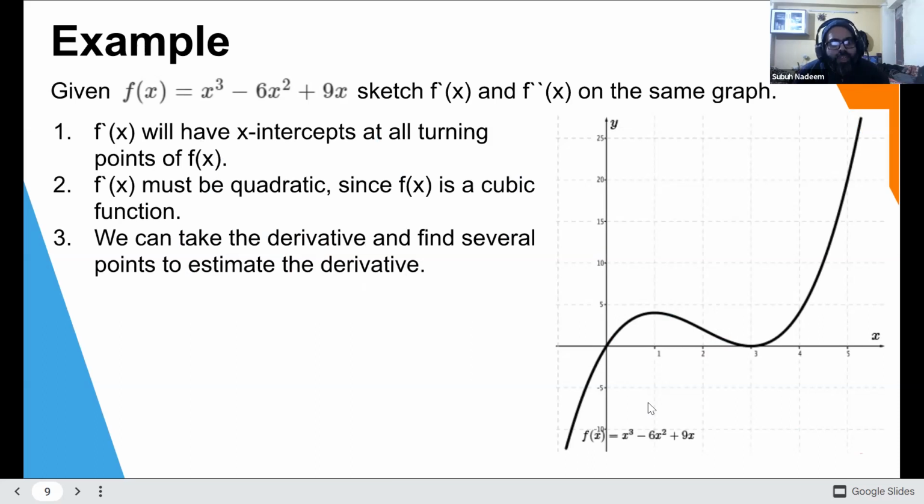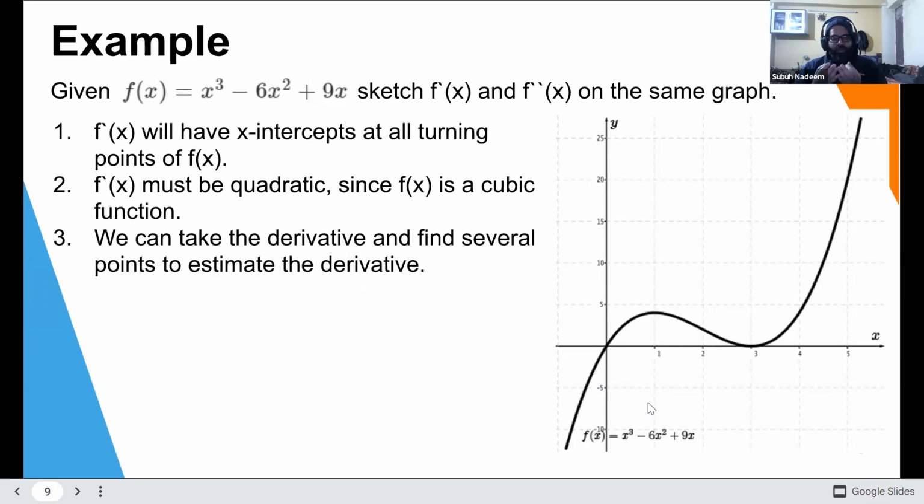Sketch f dash x and f double dash x. So f dash x, you differentiate once and sketch it. F double dash x, you differentiate twice. F dash x will have x-intercepts at all turning points of f of x, that is maximum or minimum.